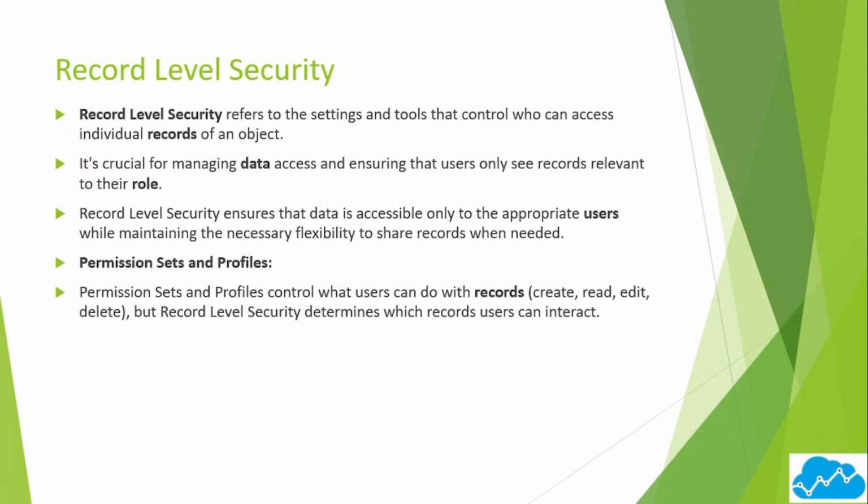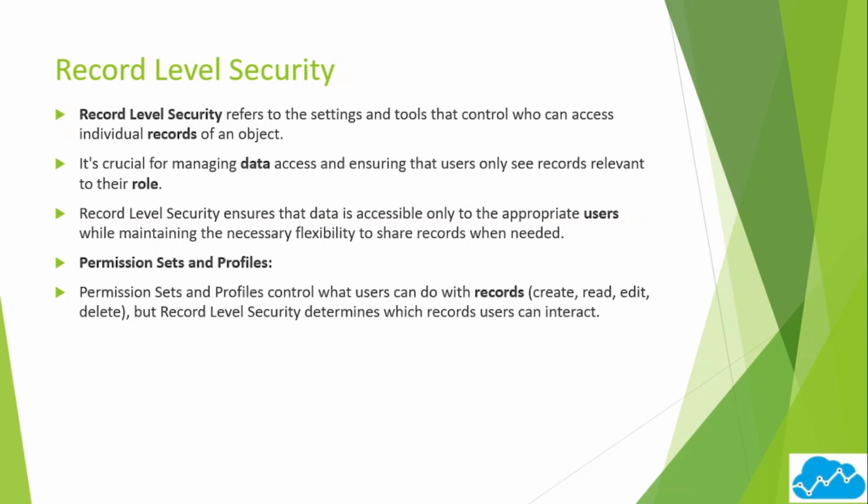So what is record level security? It refers to the settings and tools that control who can access individual records of an object. In a Salesforce organization, there are a number of objects with their fields, and all the objects have data, meaning records.